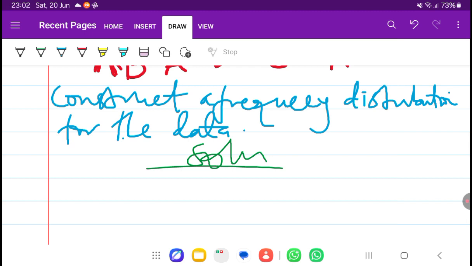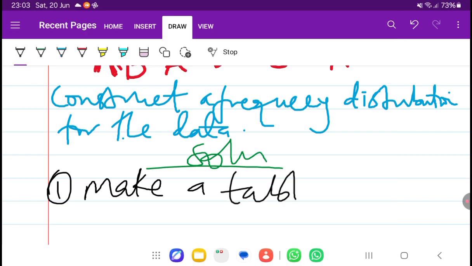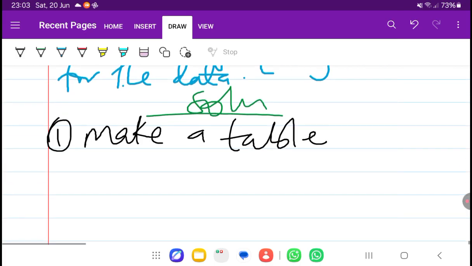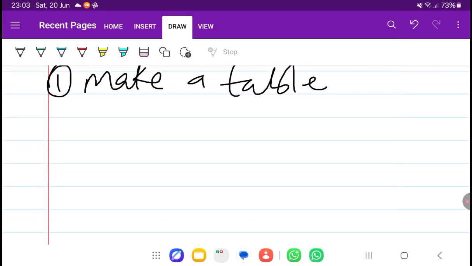So the procedure for constructing a frequency distribution for qualitative data: the first step, of course, is to make a table. So let's do that. Whichever step we talk about is what we do, or we can talk about all the steps and then we do them.